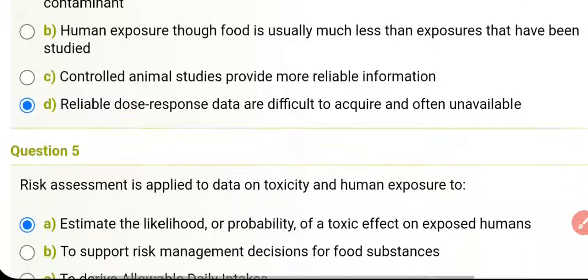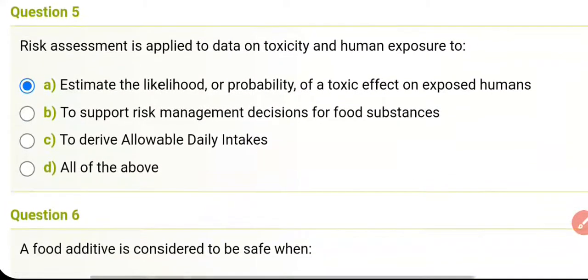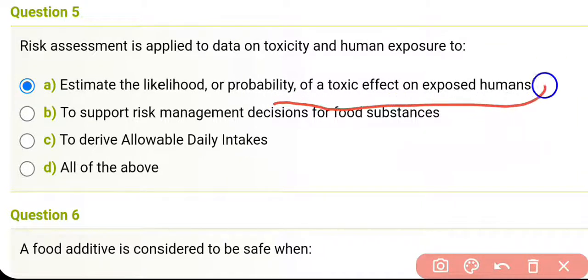Okay, then next questions. Risk assessment is applied to data on toxicity and human exposure to what, to estimate the likelihood or probability of a toxic effect on exposed humans.